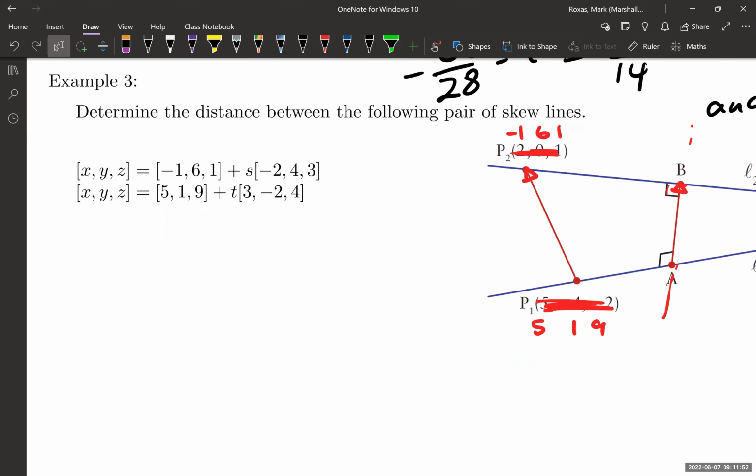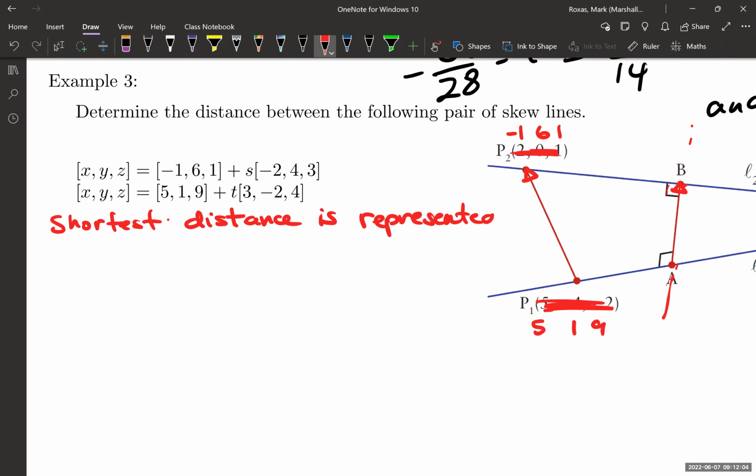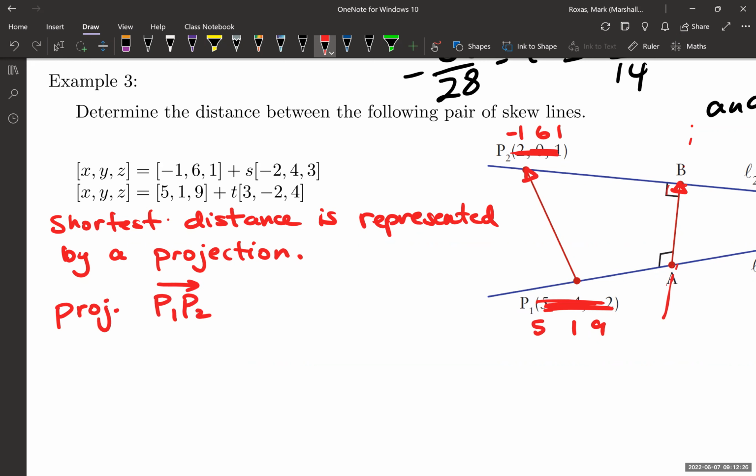Okay. So again, the shortest distance is represented by projection. Okay, and so the projection we're looking for is the projection of vector P1 to P2 onto this perpendicular vector.